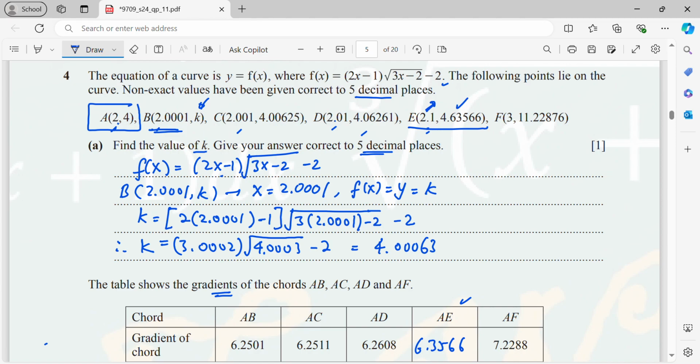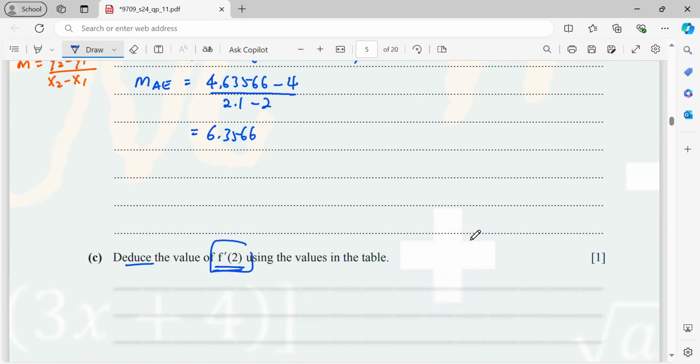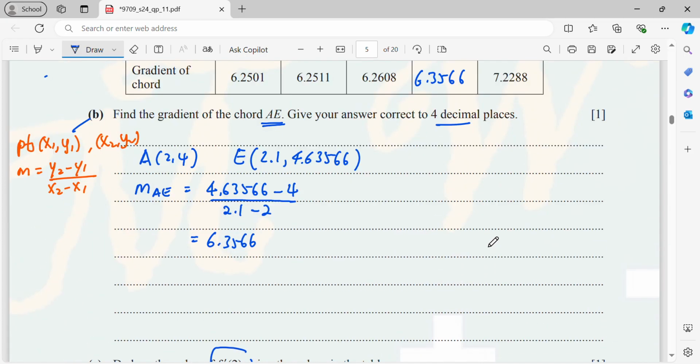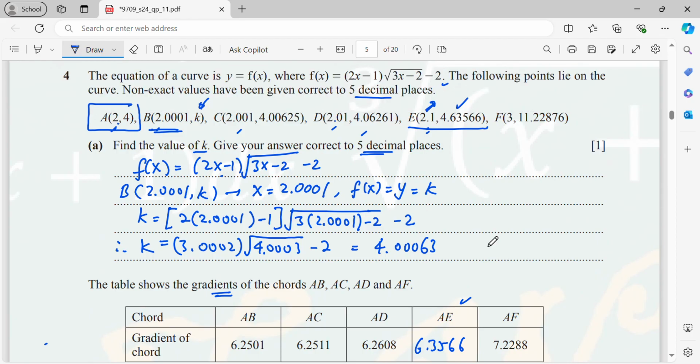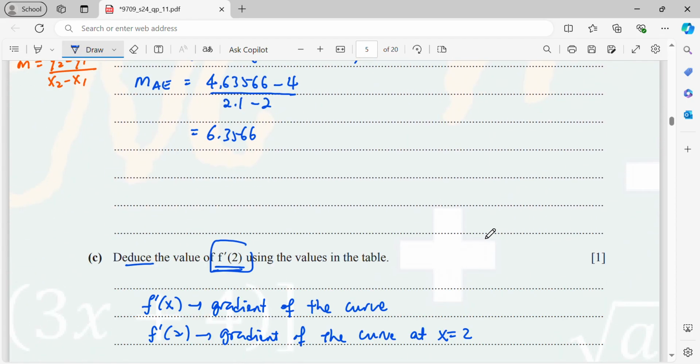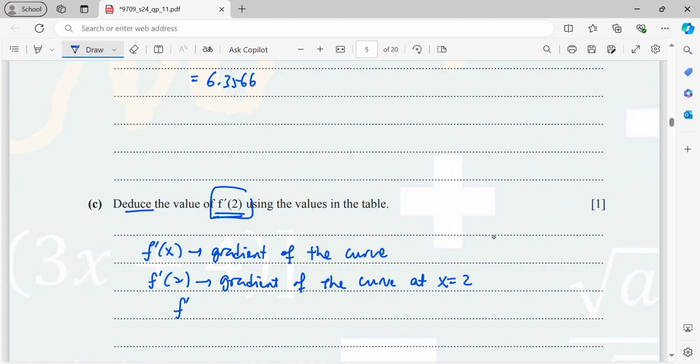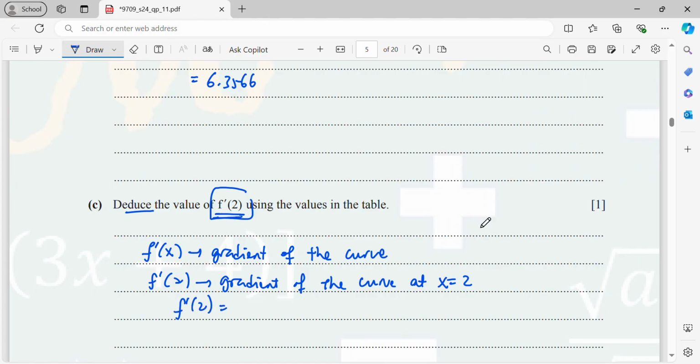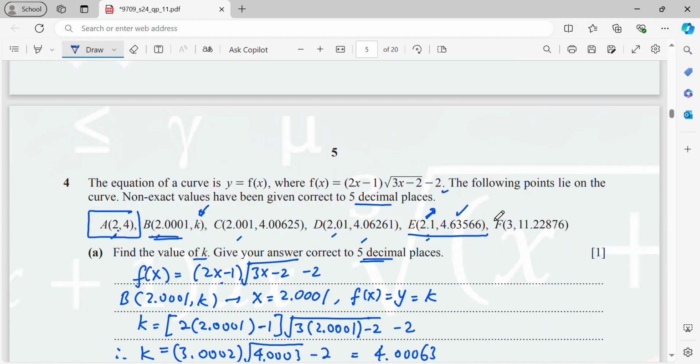What is happening to the y value? Okay, so now we need to deduce the gradient. So we know that gradient is basically the y value over the x value. So from here, I will say that my f prime 2 is basically, okay, you look at the coordinates here. Right after the E, the point F, the x coordinate becomes 3.